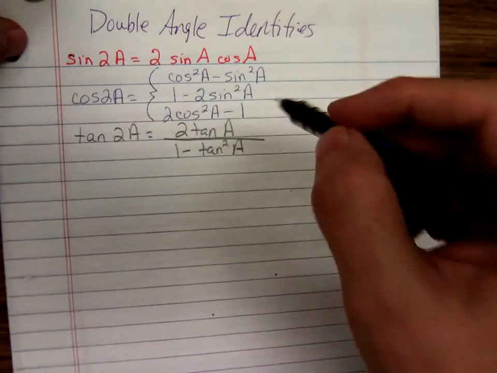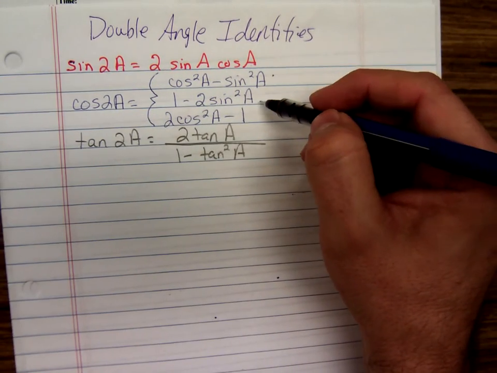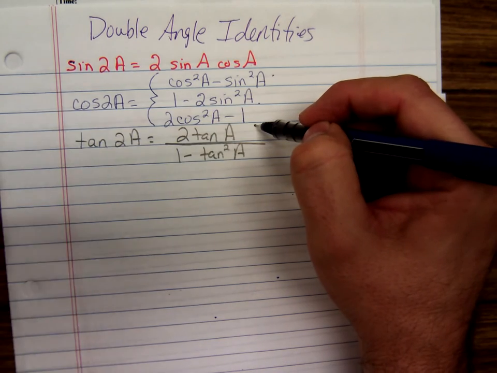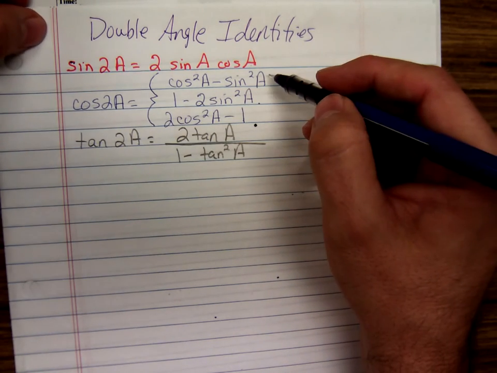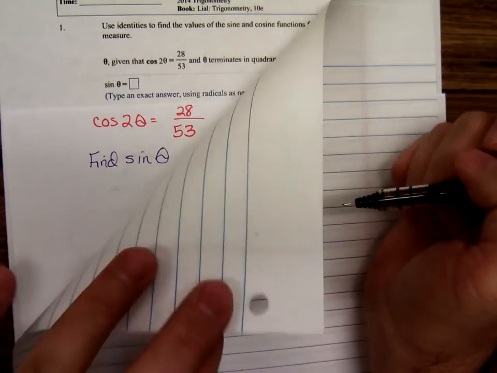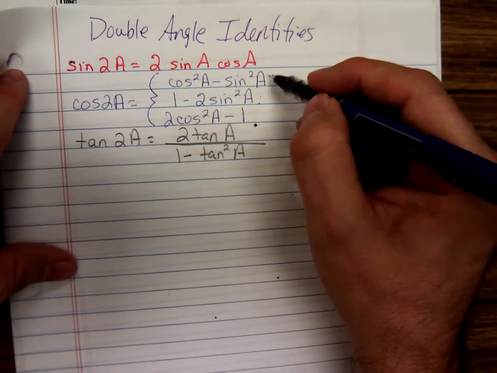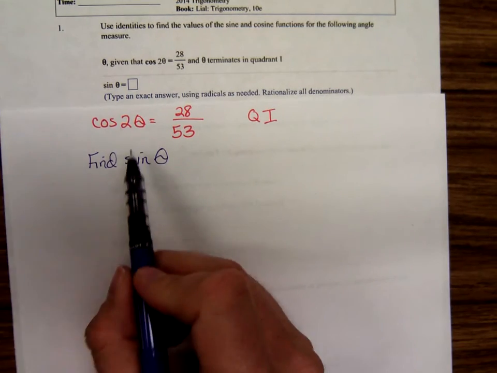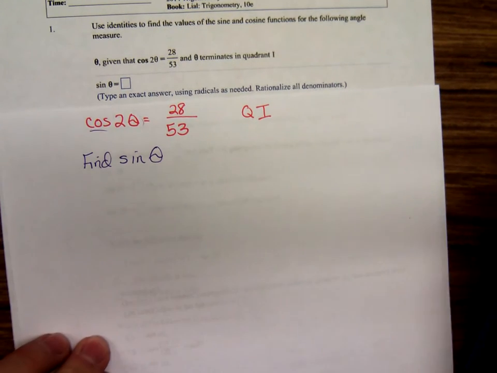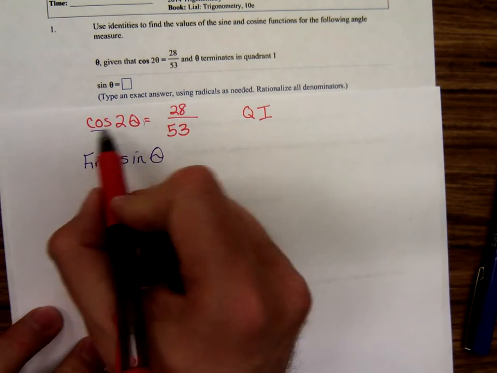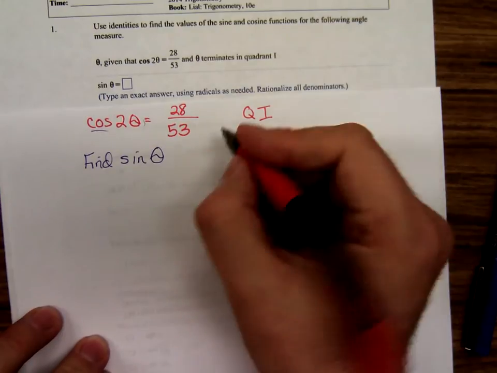We have 3 identities for cosine 2 theta. If I'm trying to find sine theta, which one of these would I replace this cosine 2 theta with? You see, I have cosine 2 theta equals 28 over 53.